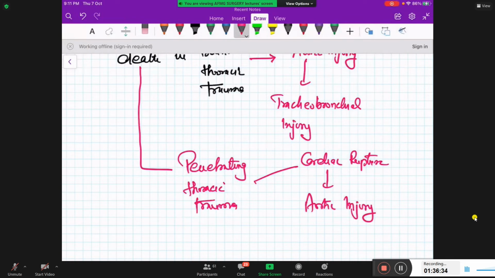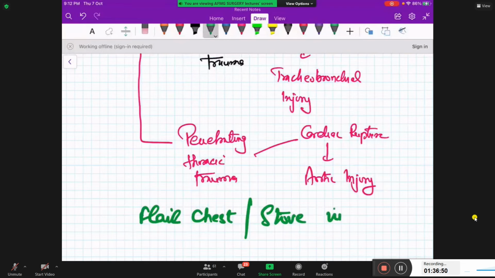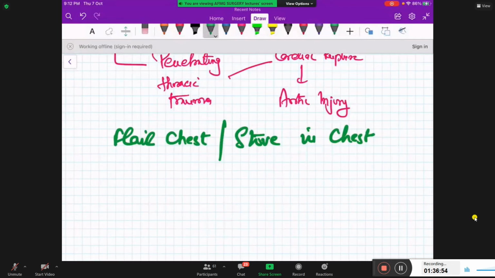Now comes a very, very important thing in thoracic injury, which they very commonly ask. There is something called flail chest, which is also called stove-in chest.